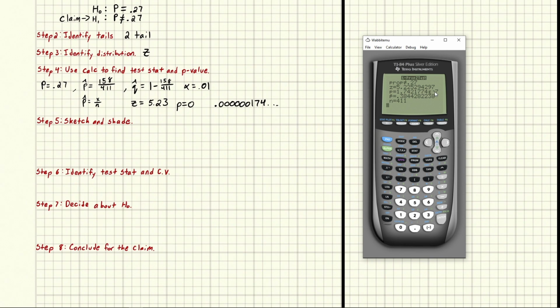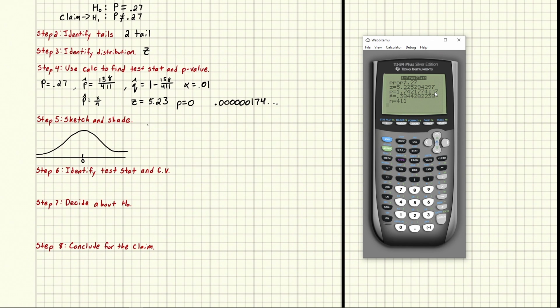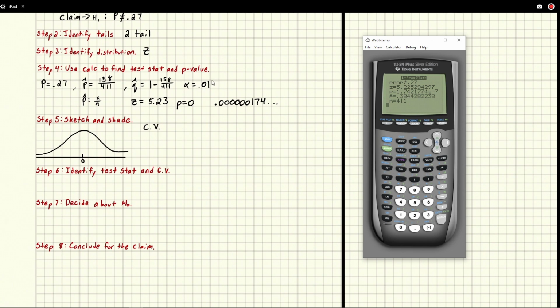So, okay, next up, step 5, it wants us to sketch and shade. So we're going to just go ahead and sketch this out. And we're going to go like this. And in the middle is 0. And we need to find the critical values so that we can properly graph that. So the critical value is defined by alpha. Our alpha is 0.01, and we're dealing with a z distribution.